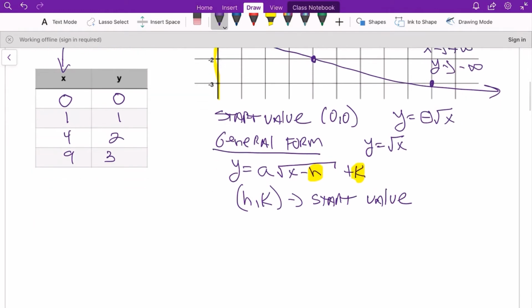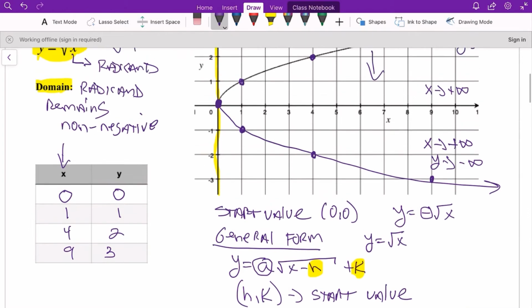And then the a term, the coefficient in front of the square root, tells us how fast the graph will rise or fall.